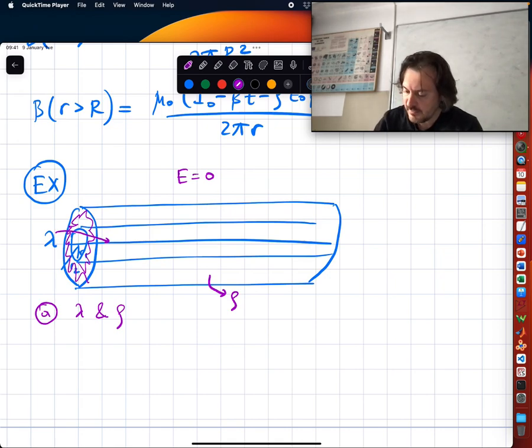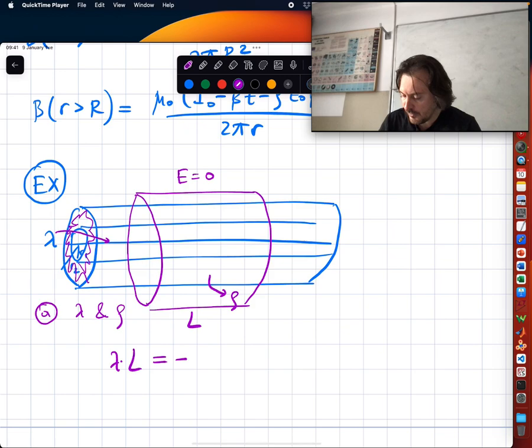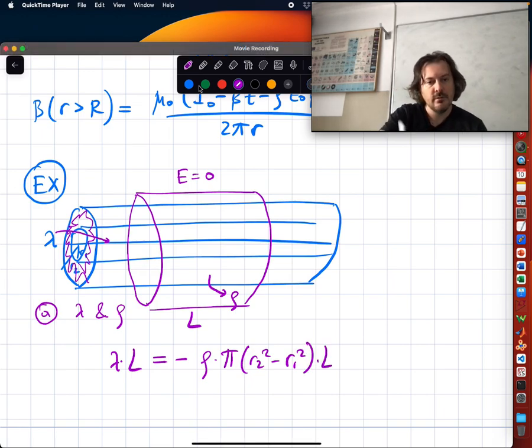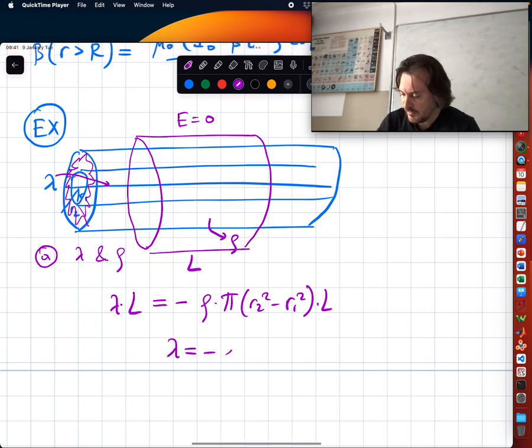So if I take a Gauss surface over here, and let's say it has a length L, then lambda times L must be negative of rho times pi times R2 squared minus R1 squared times L. So that's the relationship between lambda and rho. Lambda is equal to minus rho times pi times R2 squared minus R1 squared.